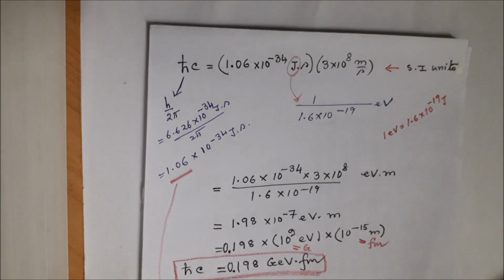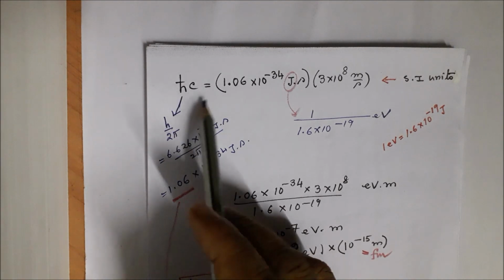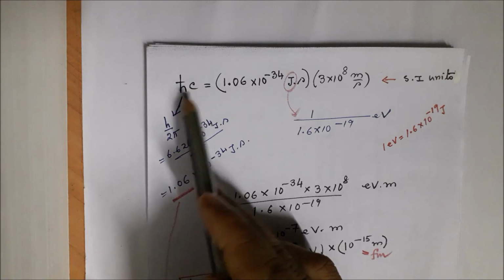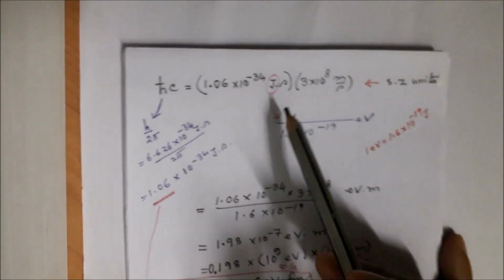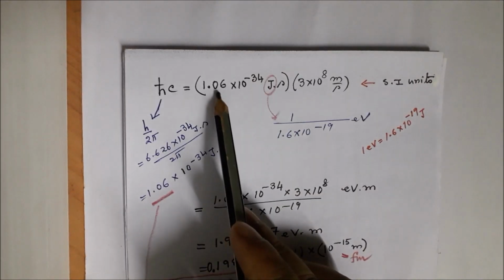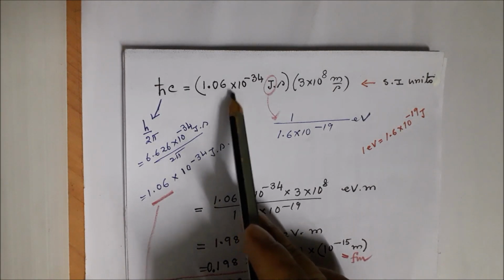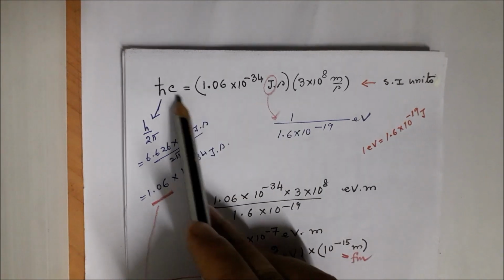Let us consider next the product of the two fundamental constants h cross and c, which are extremely important constants as we described a little while back. Now put the value of h cross, which is this one. Here we have taken 1.06, actually it is 1.055, approximated value is put, and that is multiplied by c, which is 3 × 10^8 meter per second.